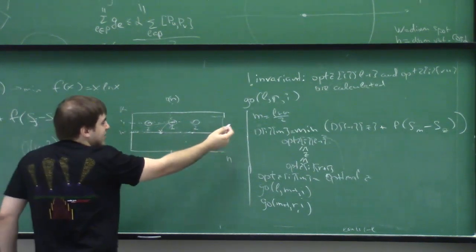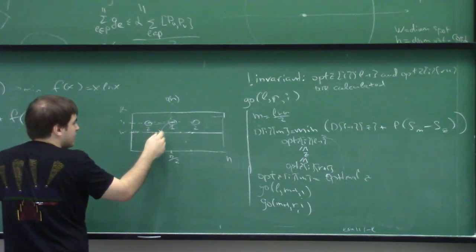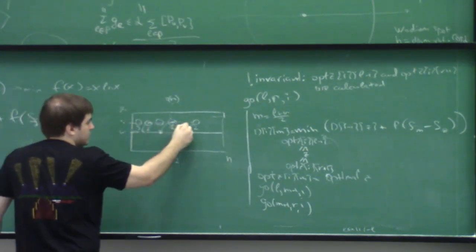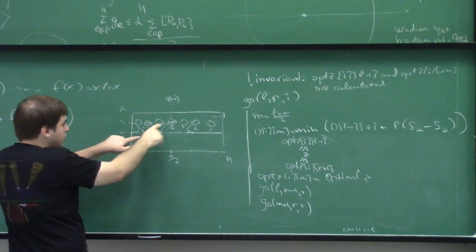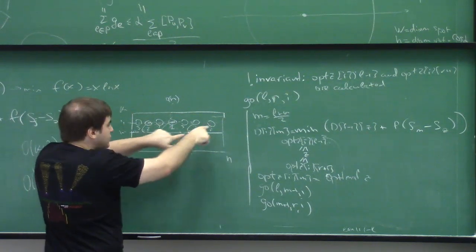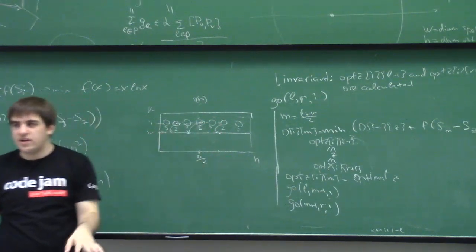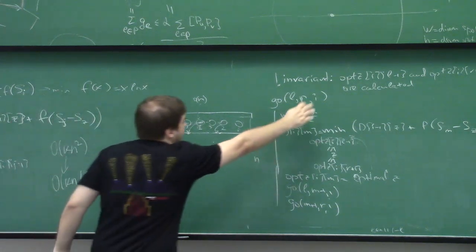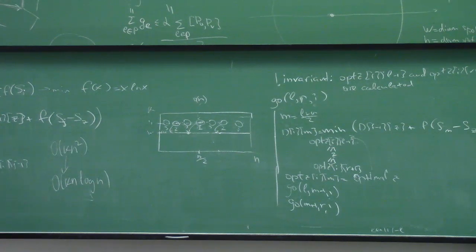Okay, the third level calls. We know now these pointers. Here are the third level calls. This one iterates between these two, this one between these two, this one between these two, and this one between these two. It means that the third layer calls in total also work in O of n, and so on. So the running time for one value of i will be n log n, and the total running time will be O of k n log n. This is how the divide and conquer optimization works.